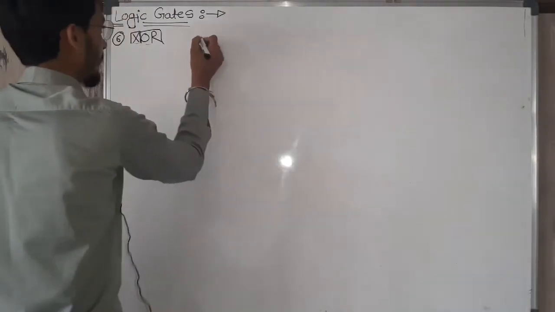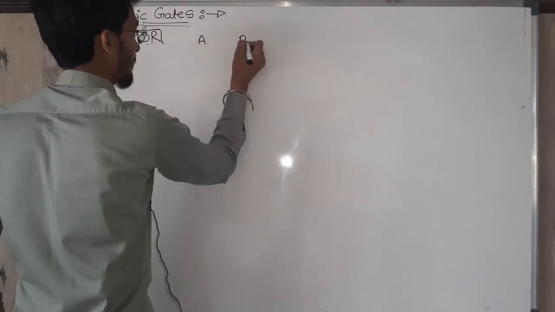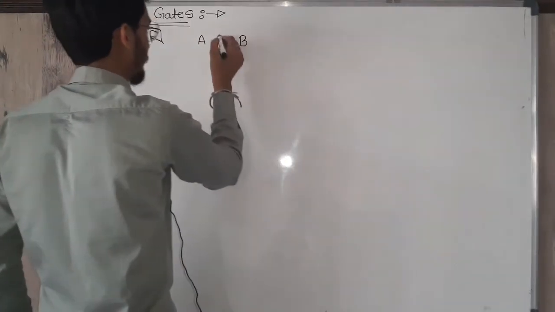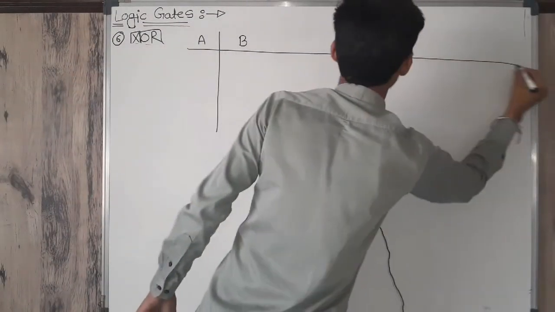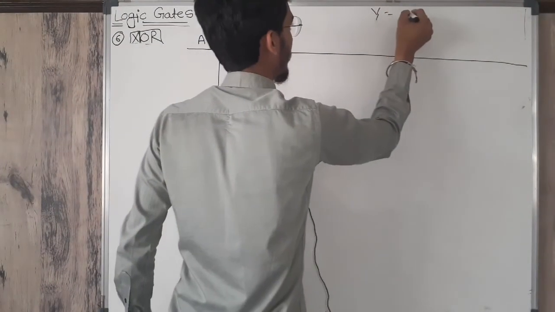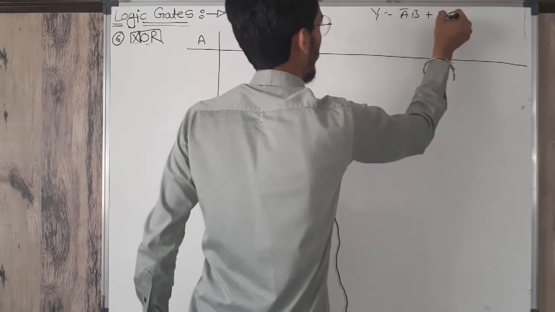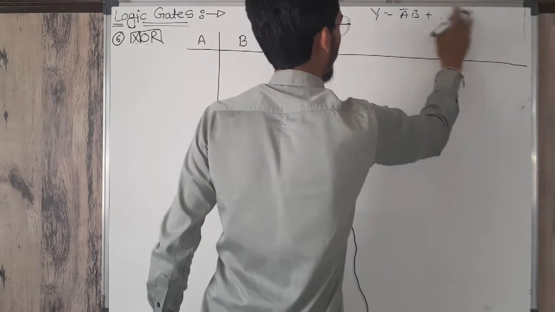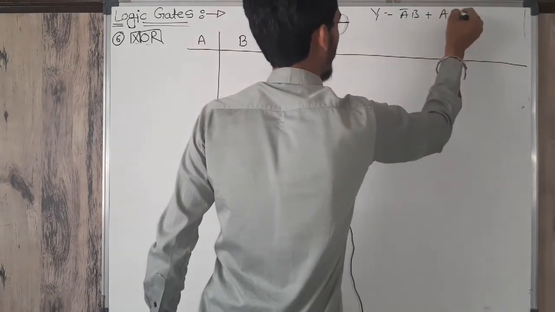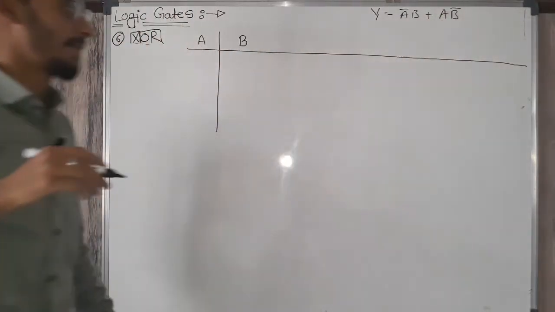So the truth table has the A input, B input, and we need the final output, which is A bar B plus B bar A. We can also write AB bar, right? That is the final output.